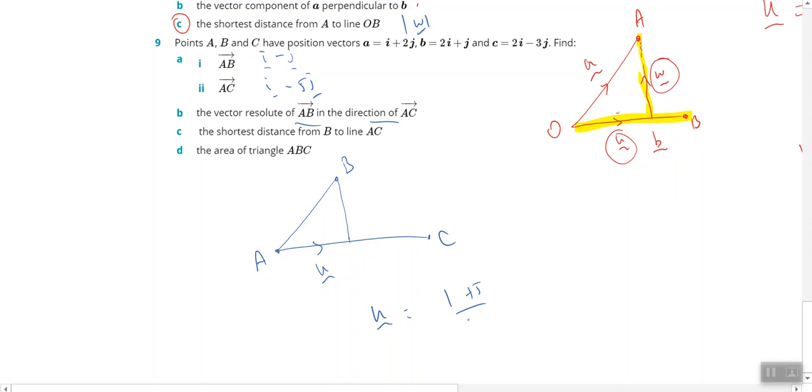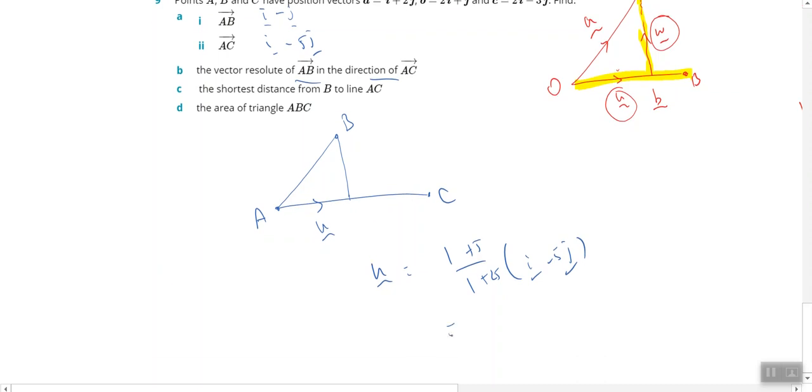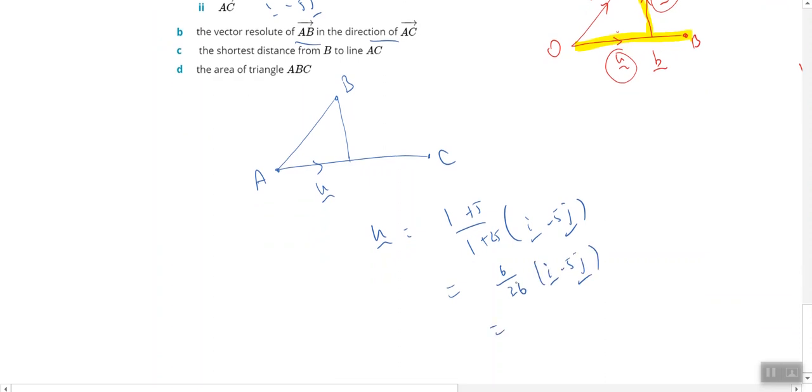At the bottom, 1 times 1 is 1, 5 times 5 is 25, so 26. Then times by AC, so that's I minus 5J. So that's the vector resolute, 6 over 26, I minus 5J. You can simplify that fraction, that's 3 over 13, I minus 5J.